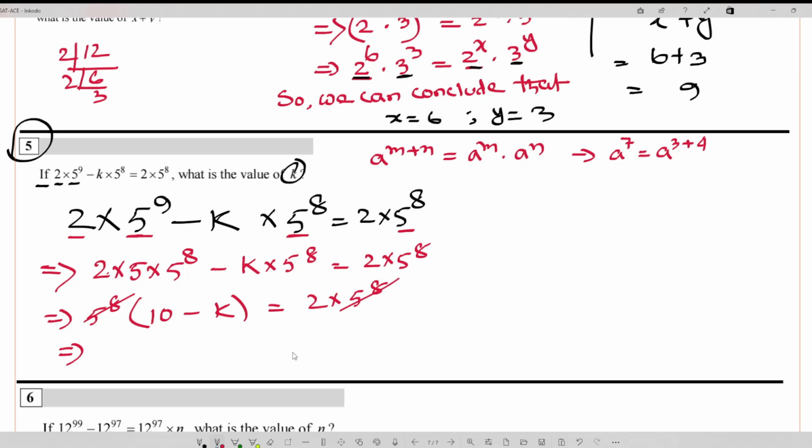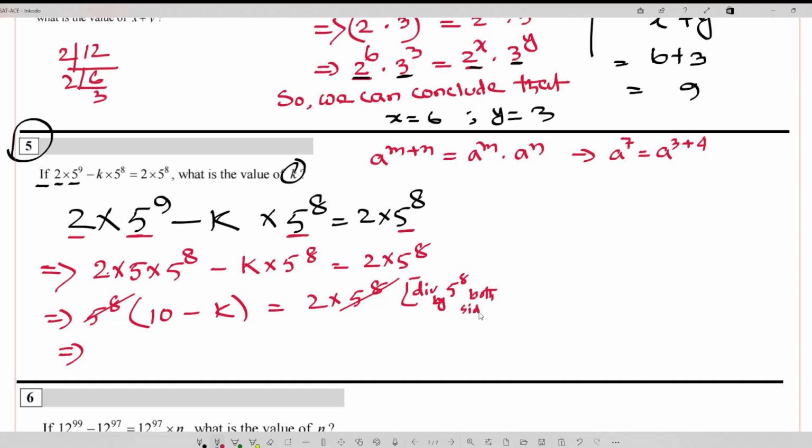So we can cancel this 5 to the power 8. It means we can divide both sides by 5 to the power 8. As a side note, write like this: divide 5 to the power 8 by 5 to the power 8 on both sides.